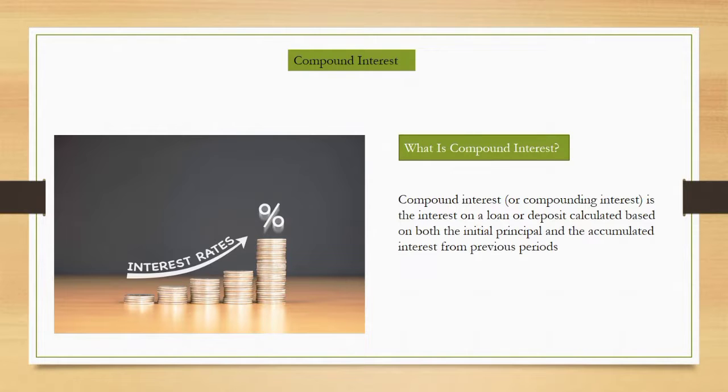What is compound interest? Compound interest, or compounding interest, is the interest on a loan or deposit calculated based on both the initial principal and the accumulated interest from previous periods.